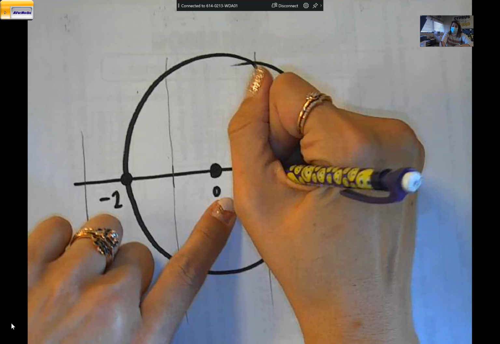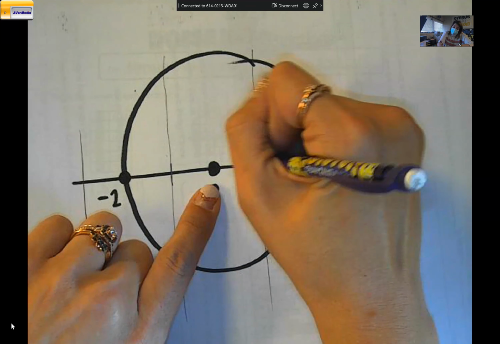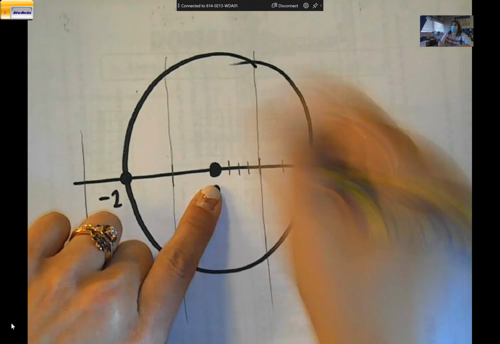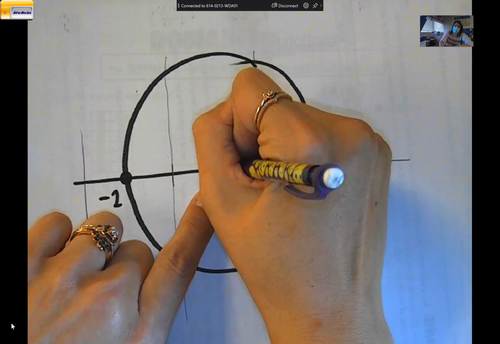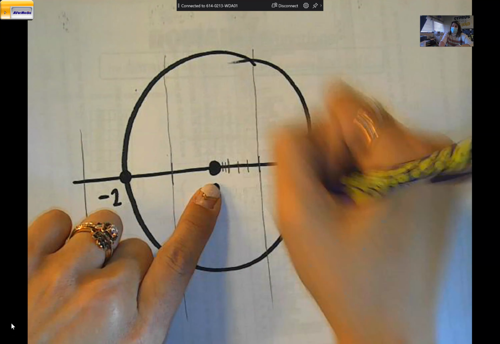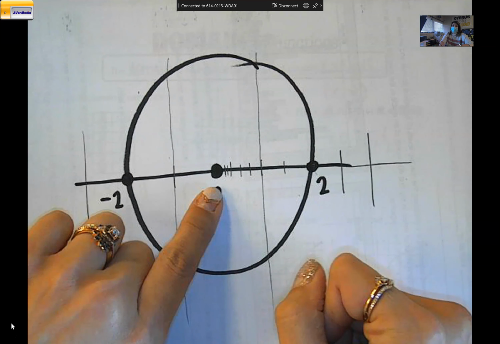Yeah. Can it be 1/2? Can it be 0.75? What about 0.25? What about 0.10? Yep. What about 0.20? What about 0.15? Can you guys see the pattern here?